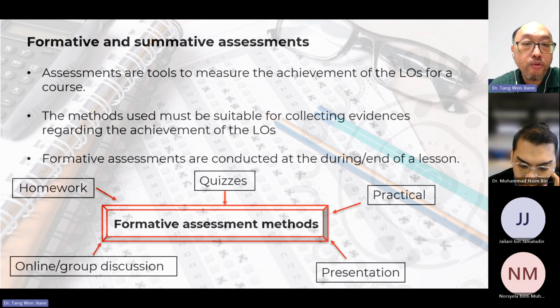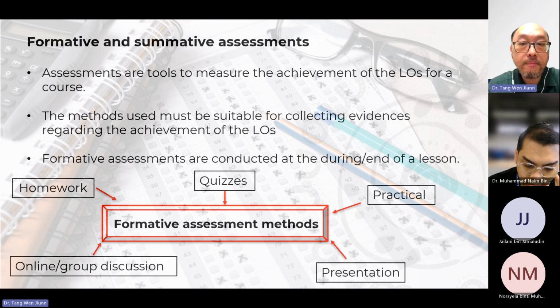We have to make sure we use suitable methods to collect evidence. So let's look at each individually. We have formative and summative. Formative, as the name suggests, formation.